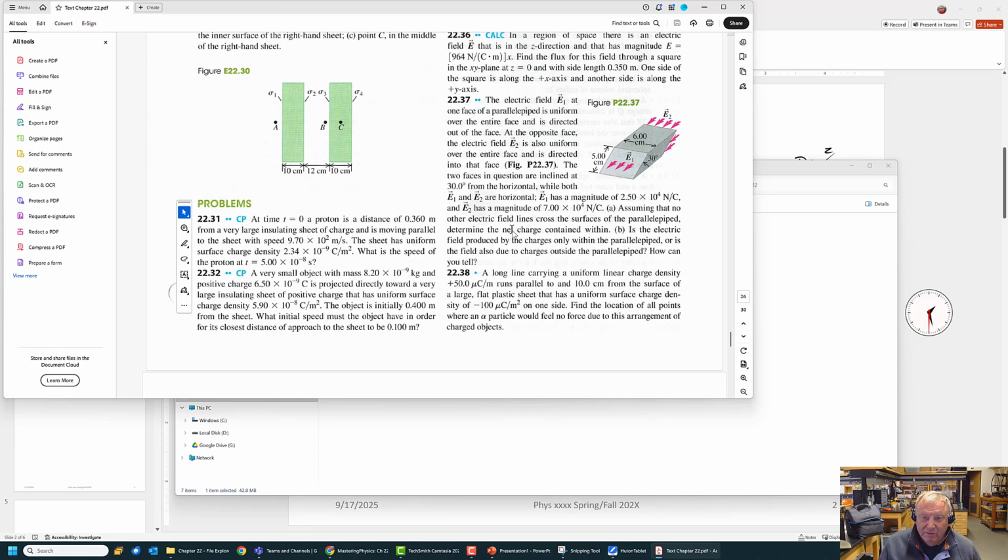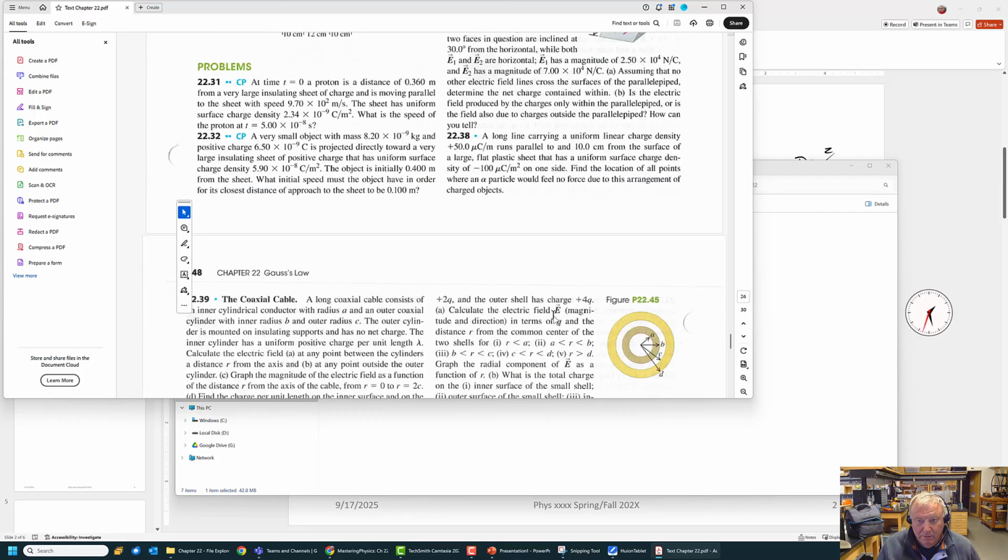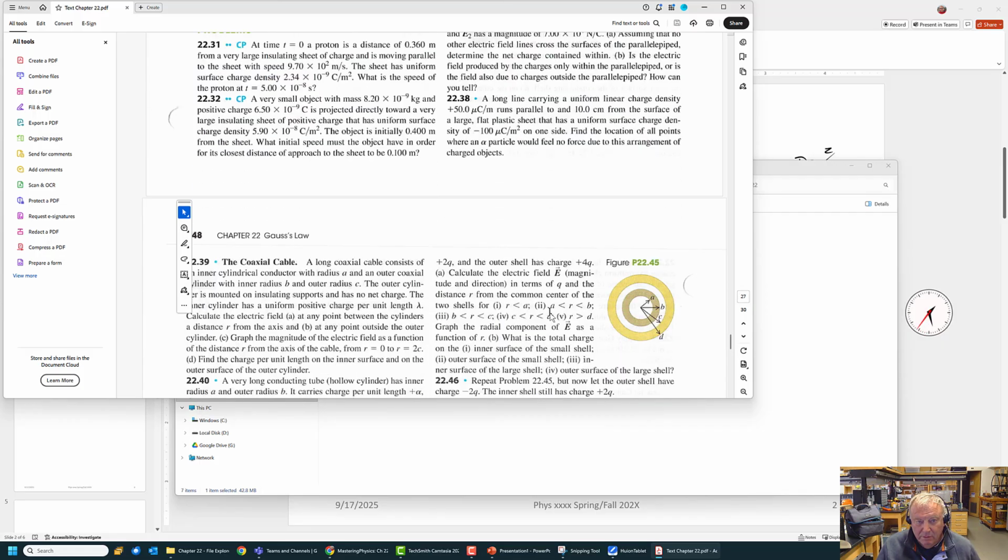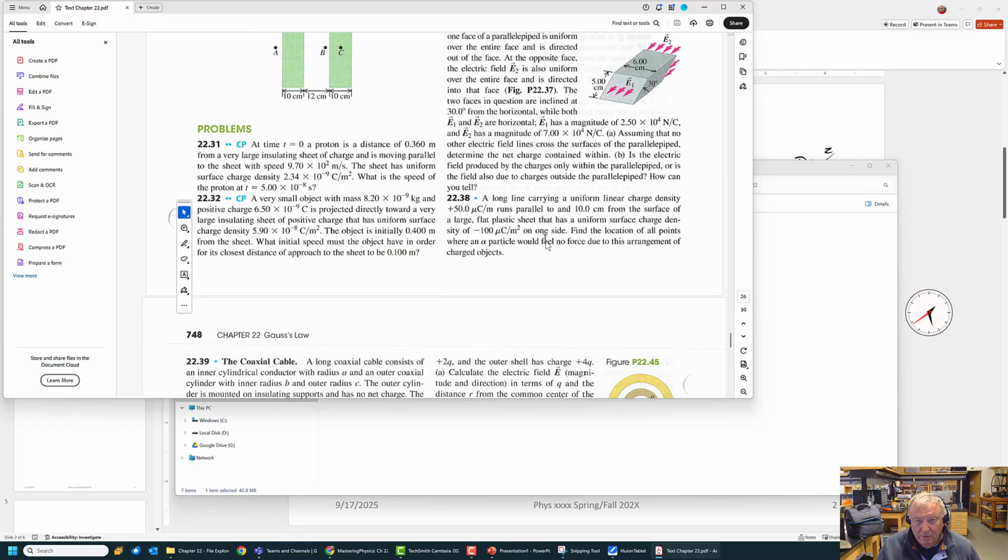And we can use a Gaussian online uniform linear charge runs parallel to, and some distance from, a large flat surface. Wow. So that would be all points where the field would be 0.